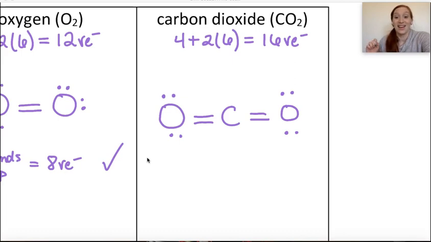Now, if we check oxygen, 2 bonds, 2 lone pairs, that's a total of 8 on both ends. The oxygens are set at a full valence shell. Carbon now has 4 pairs of electrons, 2 double bonds, or 4 bonds altogether, 8 valence electrons in its Lewis structure.